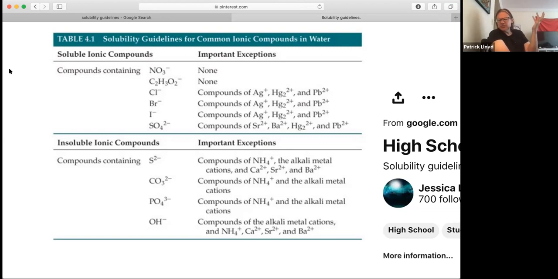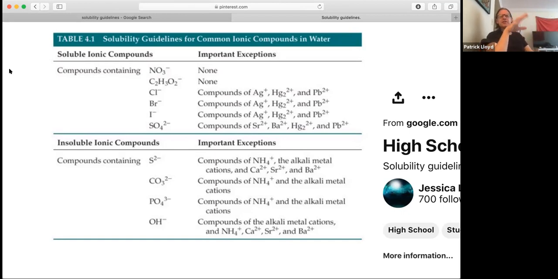That's actually a lot of exceptions if you think about it. It's a total of 10 exceptions or 9. But remember, there's a lot of metals in the periodic table. There's iron, there's cobalt, there's nickel, there's aluminum, there's gold, there's silver, there's lead, there's mercury, zinc. You could go on, right?